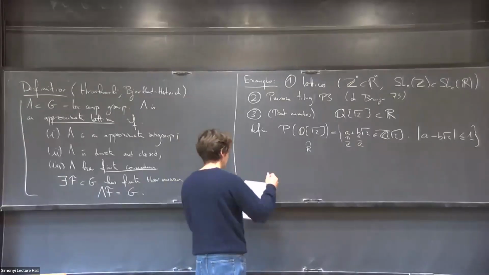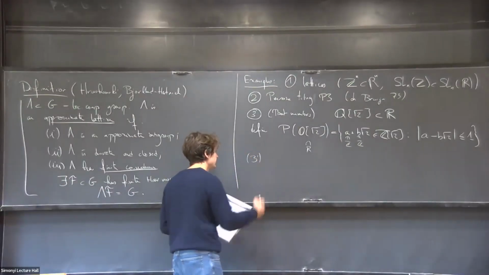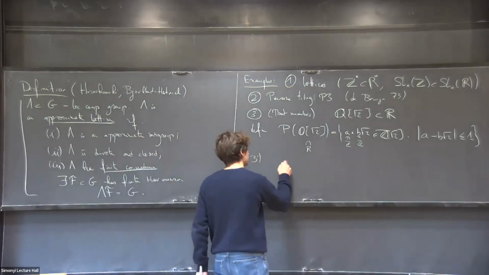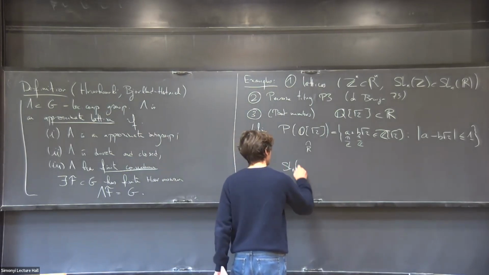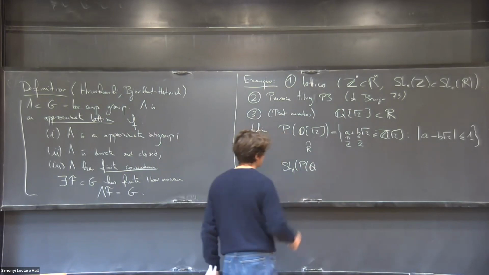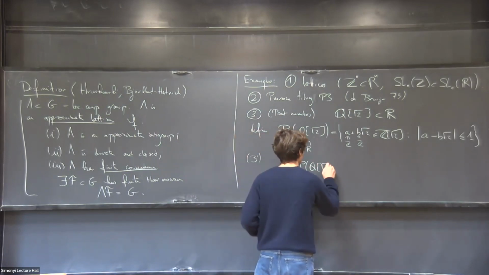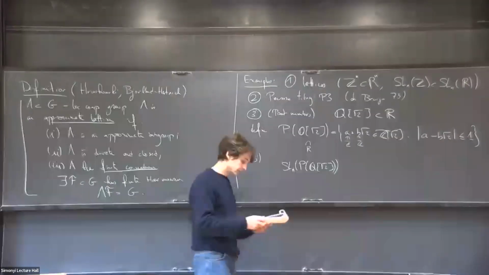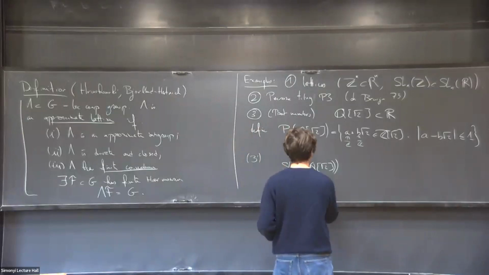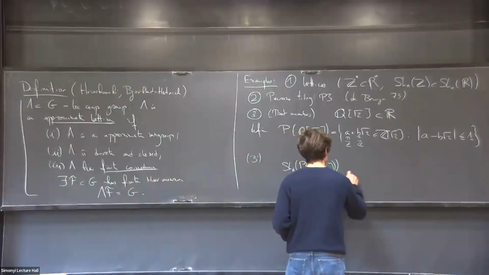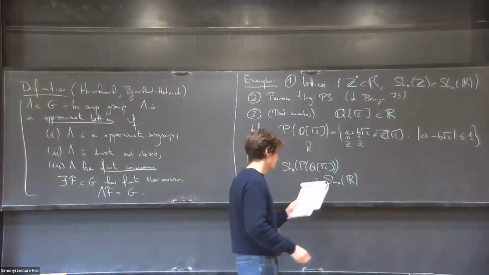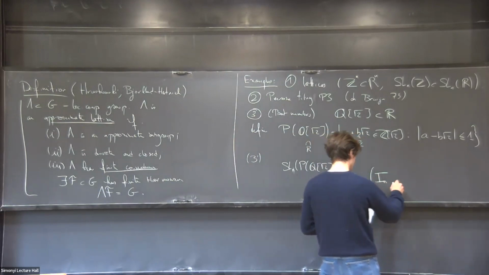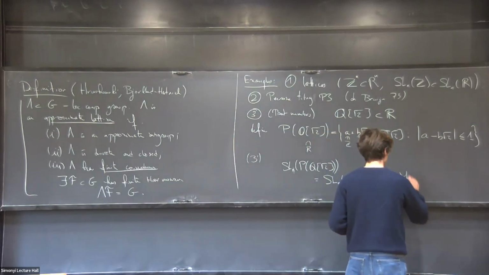So that's very nice. You can make this example slightly more complicated by throwing in a few algebraic groups, and essentially you can look at what I'll denote SLn of the Pisot numbers. I won't use that notation too often, it's a bit long. What do I mean by SLn of the Pisot numbers? It's simply these elements of SLn whose coefficients are in the Pisot numbers. So what do I mean really?